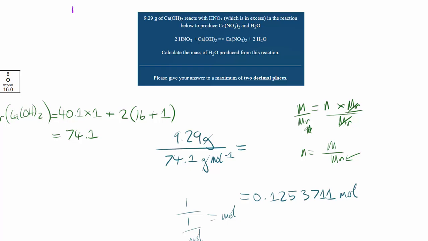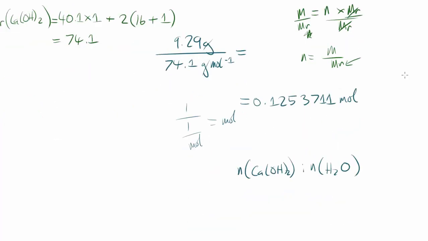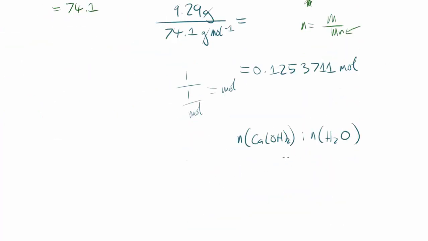So for every 1 mole of Ca(OH)2, 2 moles of H2O are produced. So this is going to be a 1:2 ratio.